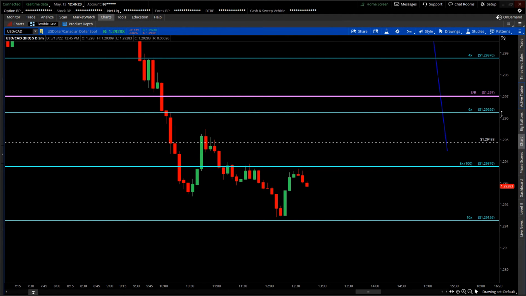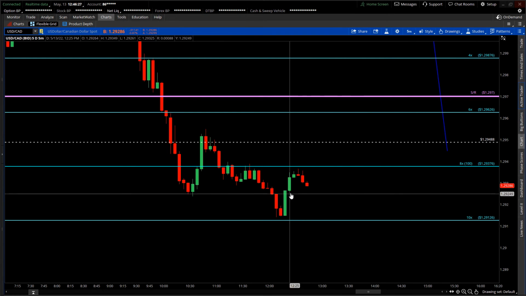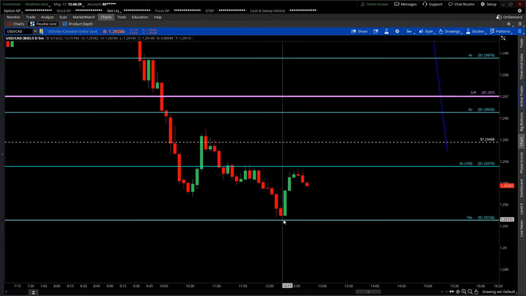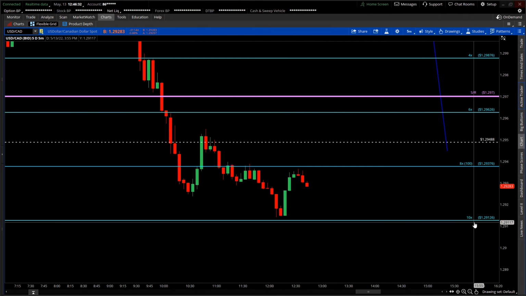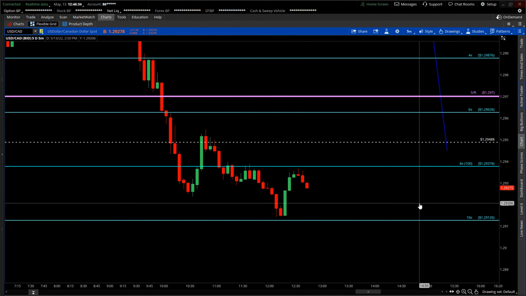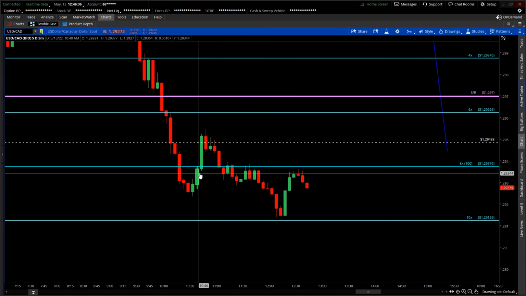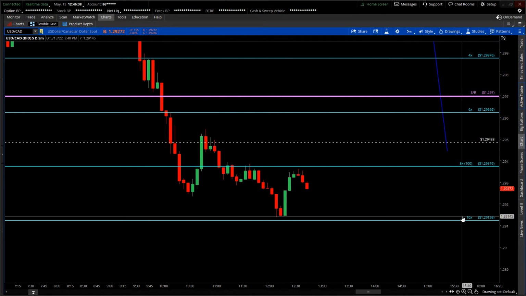So here's the status. I'm now looking at the chart at the 5-minute time frame, and price came close to falling below my 10x risk to reward, but now seems to be ranging between 8 and 10.